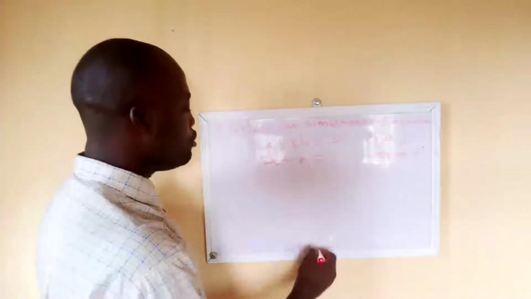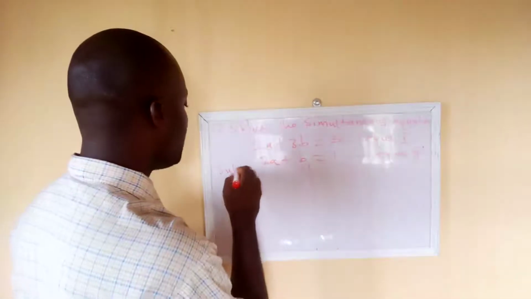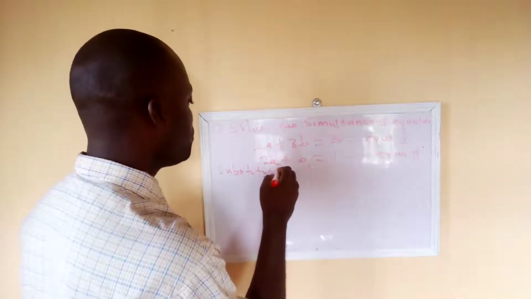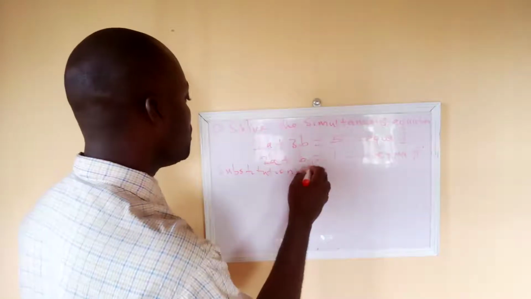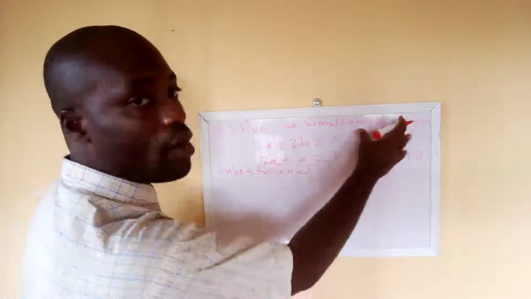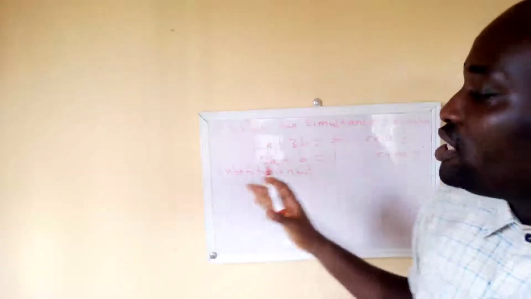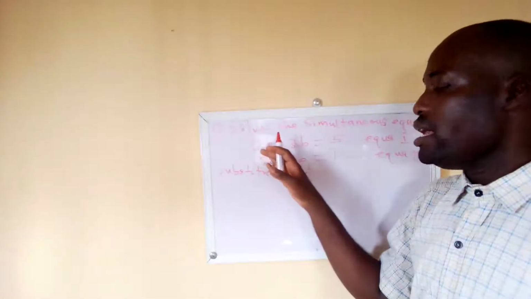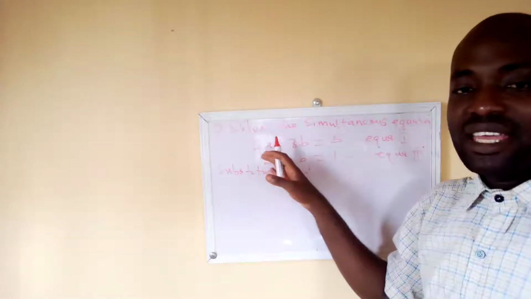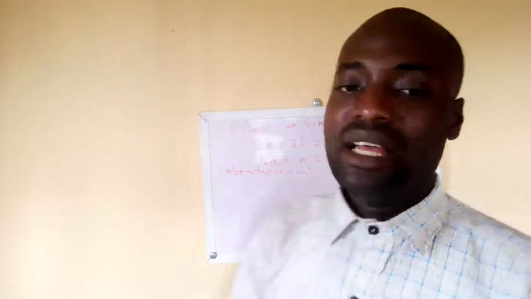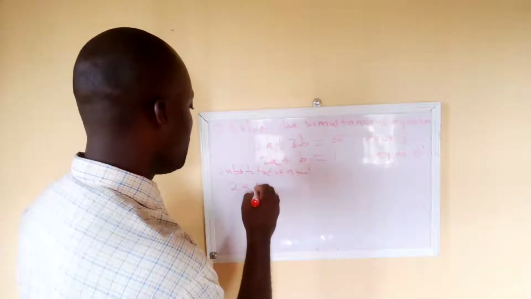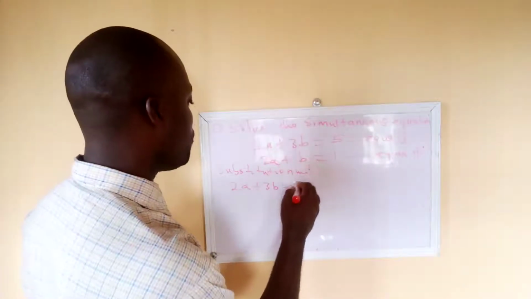So if you want to use substitution method, we can consider equation 1 first. If you are using substitution method, you have to first of all look for the value of a, or we make a the subject of the formula in equation 1. So we have 2a plus 3b equal to 5.